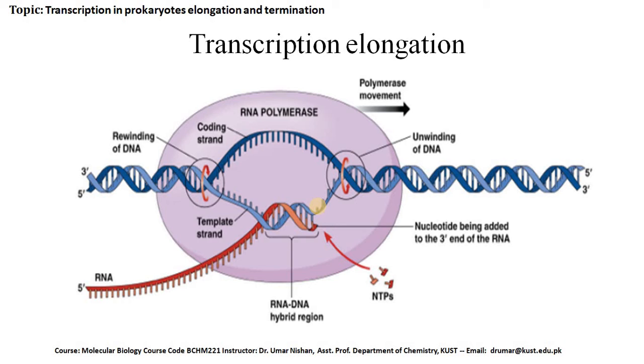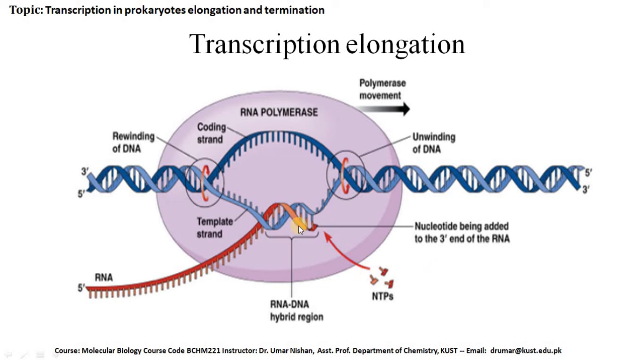So you can see that we have DNA. RNA polymerase is doing the job of transcription. We have the coding strand, we have the template strand. We see here rewinding of the DNA that has already been transcribed. We see unwinding of the DNA taking place when the RNA polymerase moves forward. We see nucleotides being added to the 3' end of the RNA.